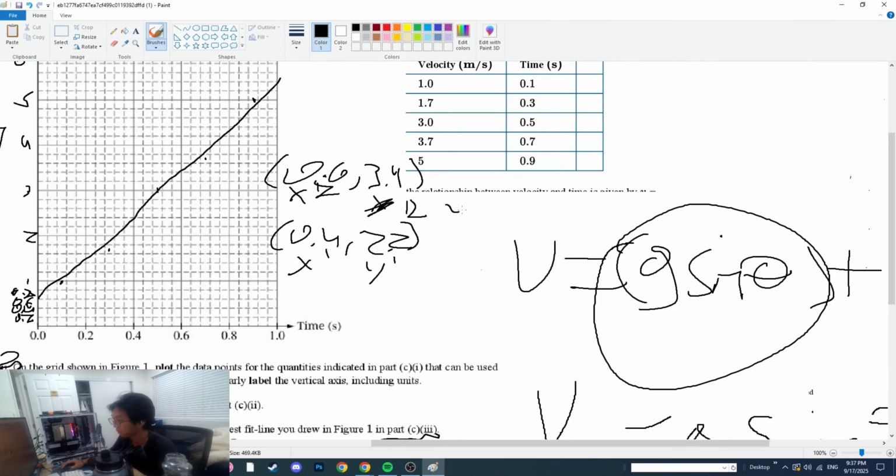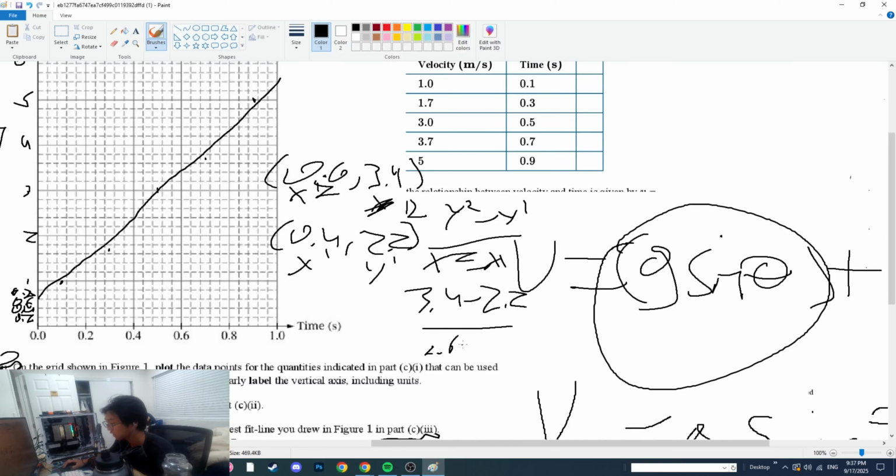To find our slope, it'll be y2 minus y1 over x2 minus x1. And that means we have 3.4 minus 2.2 over 0.6 minus 0.4. And that gets us a value of 6.